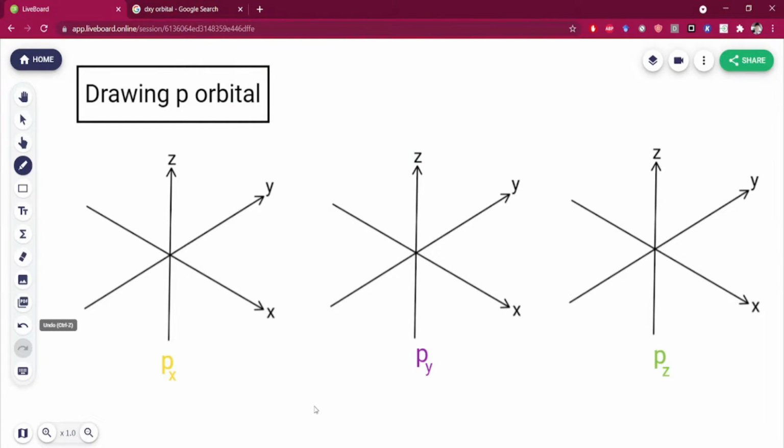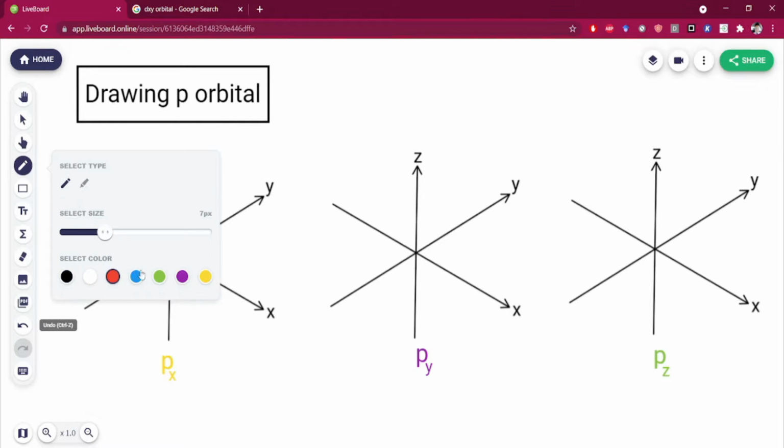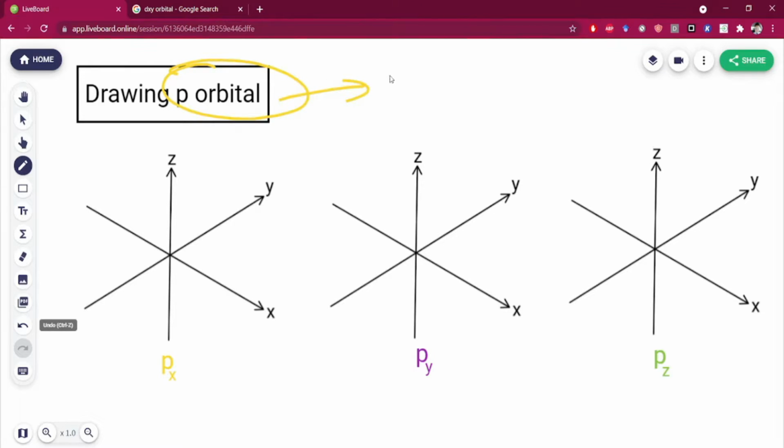Next, we can have a look at p orbitals. For p orbitals, we have three orientations. We have px, we have py, and we have pz. Okay, remember, p orbitals have three orientations, because remember, the value of l for p is 1.